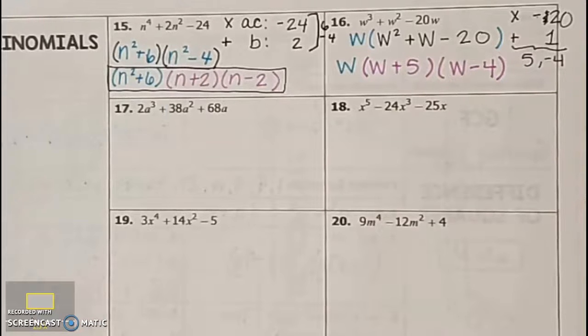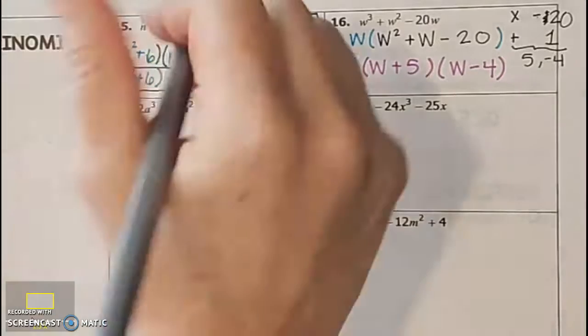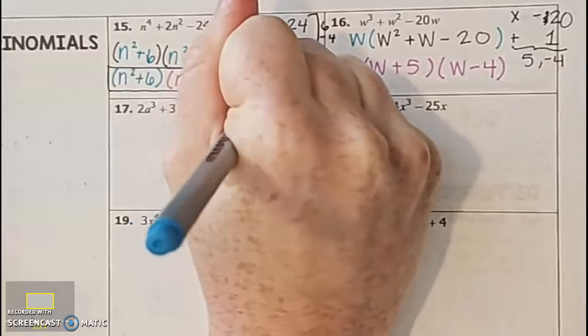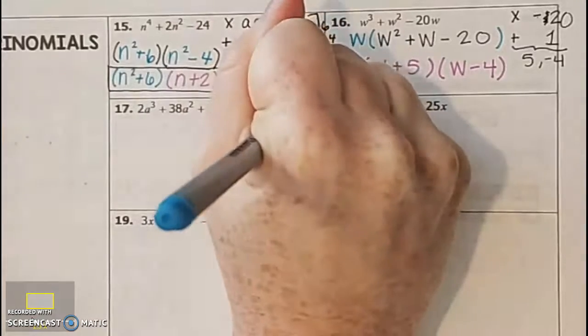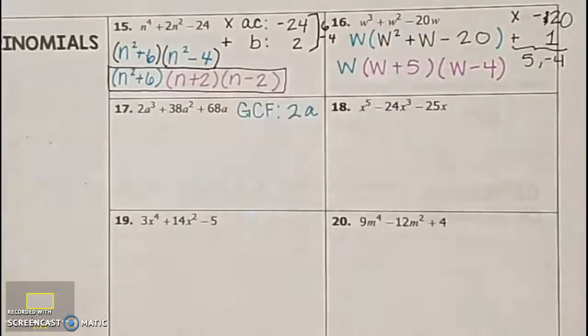All right, number 17, that's another cubic, so we want to see if we can factor out a GCF first. Notice our GCF: what does each term have in common? Each term has a 2a in common, so we will factor that out first.